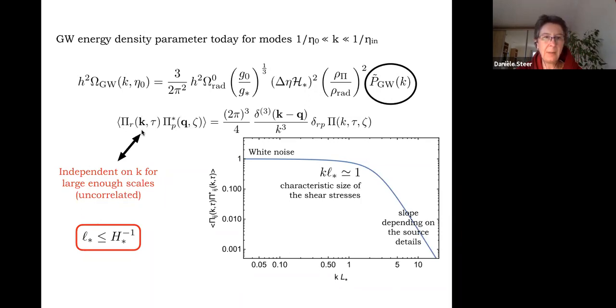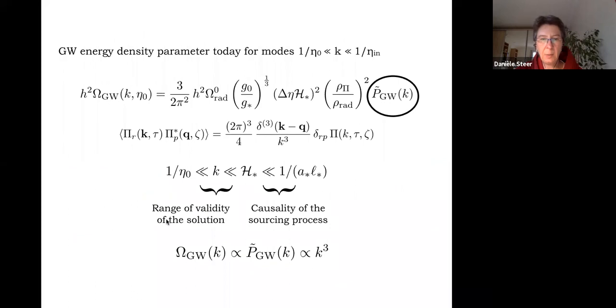So if it's independent of k for large enough scales, then this quantity on large enough scales has to go as k cubed. And if this quantity goes as k cubed, then p also goes as k cubed. And so we arrive at the conclusion that the spectrum, omega gravitational waves, goes as k cubed if we're looking at large enough scales.